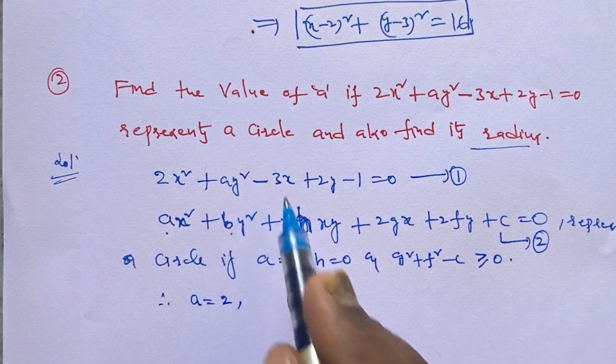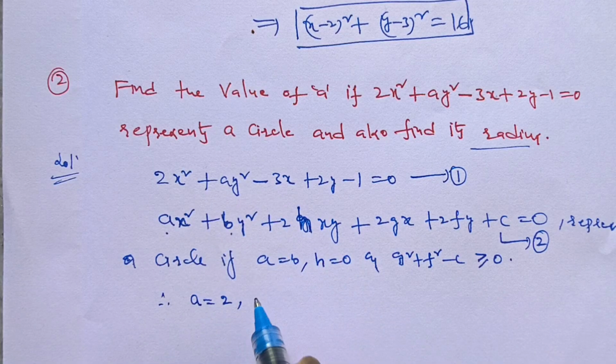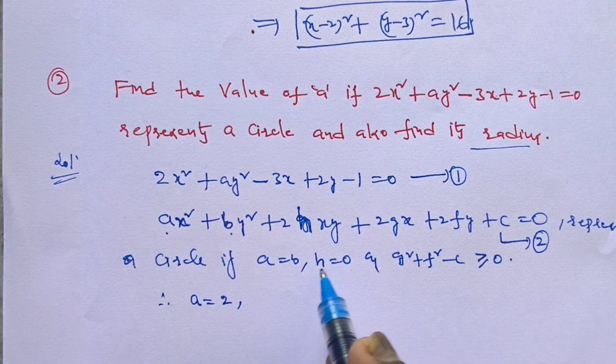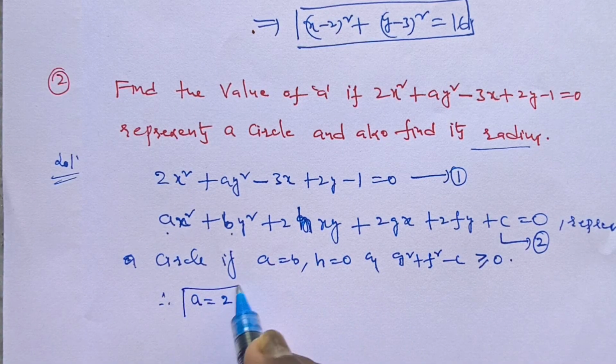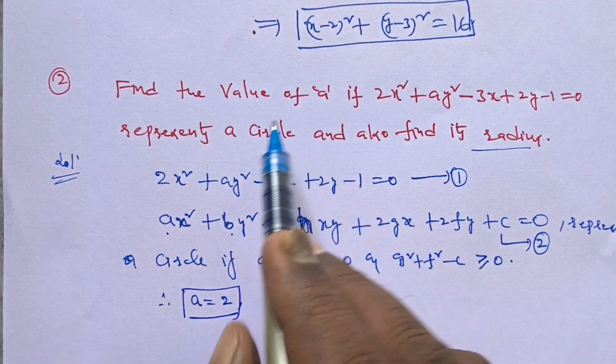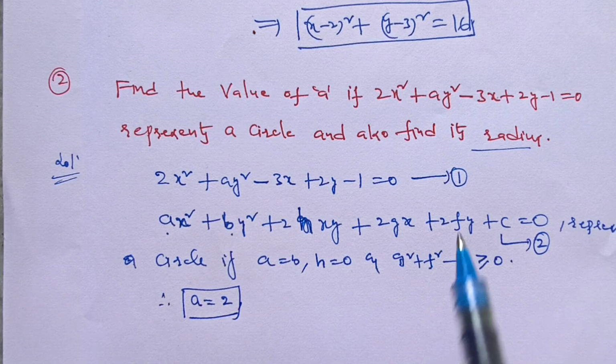Here h is equal to 0 means there is no xy term here. So no need to write h is equal to 0 here. The first part is completed by comparing a equals to b. Okay, so a equals to 2.